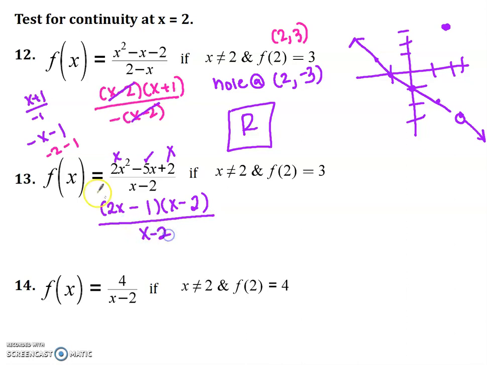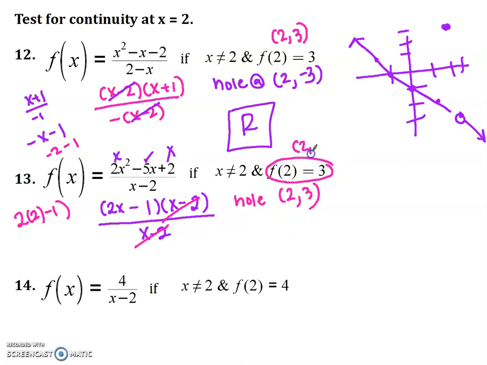And then on the bottom, I'm going to have x minus 2. Okay, so again, they cancel. So what that means is I have a hole at 2, and then I'm going to plug that into what's left. So 2 times 2 minus 1 means I have a hole at 2, 3. Okay. Now I need to compare it to the point that they give me. Okay. So since they're exactly the same, this is going to be our solid point right here.